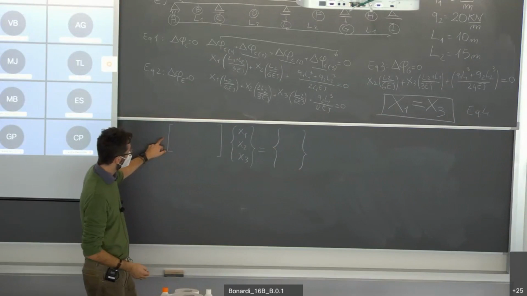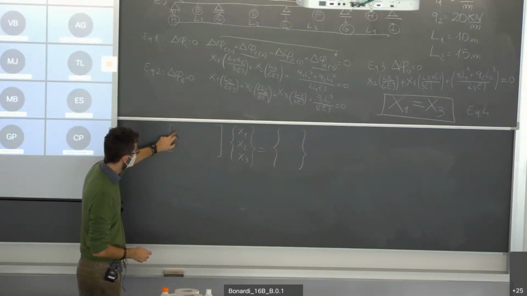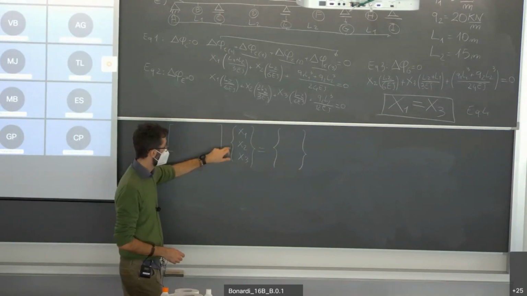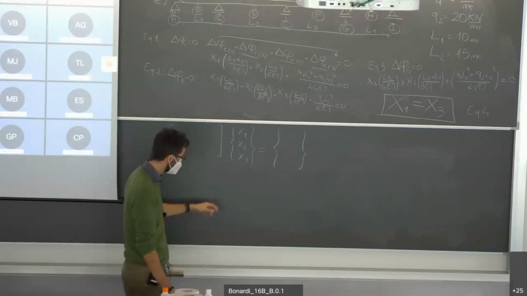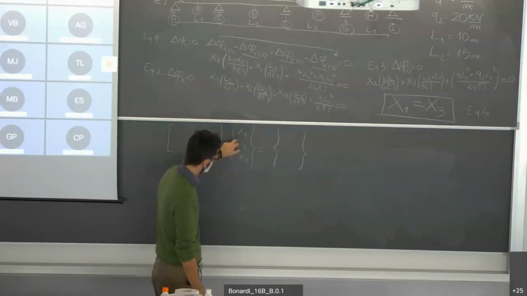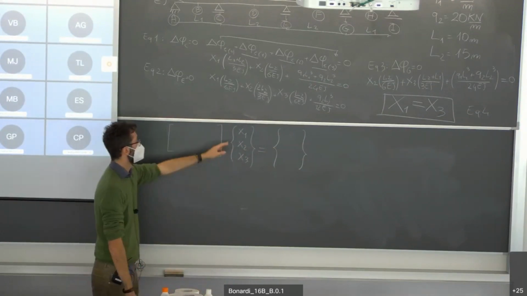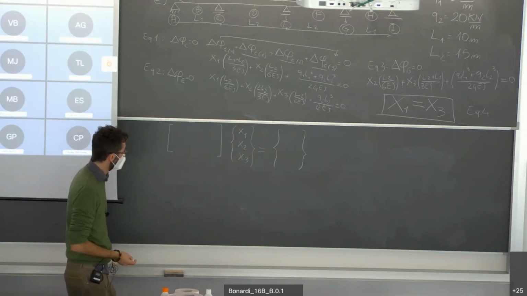When I draw square brackets, this means that it is a matrix, so I have more than one dimension both in the rows and in the columns. When I draw these brackets, I only have a vector. So many terms in a column or in a row, depending.